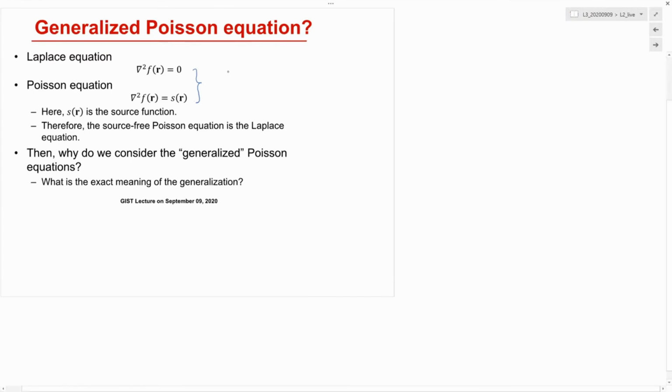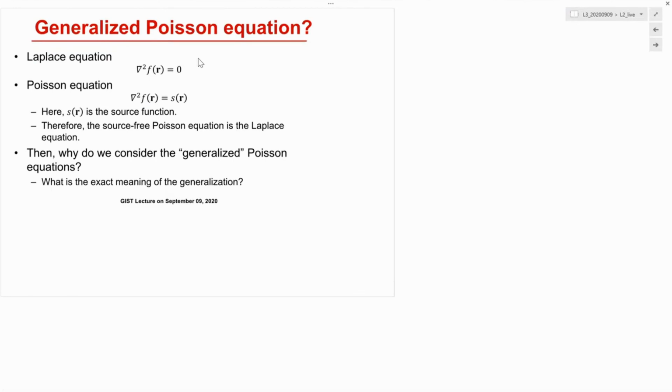They are just mathematical forms for differential equations. If we have the Laplace operator exerted on our solution vector, and that gives 0 everywhere, that is called the Laplace equation. And when it gives you a certain source function, that is called the Poisson equation. This is the meaning of the Poisson equation and the Laplace equation, not directly related to the physical problem of our interest.